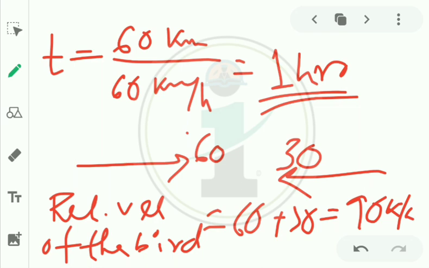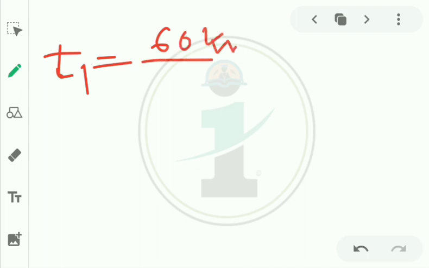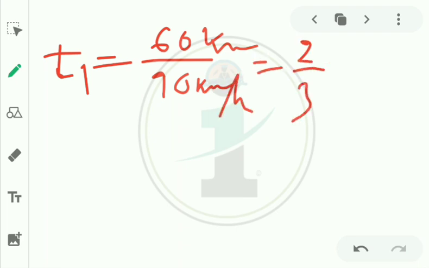So from this we will have the time for the first trip. Time for the first trip is the distance, which initially was 60 km, and the relative velocity of the bird is 90 km per hour. So this will give us 2/3 hours.